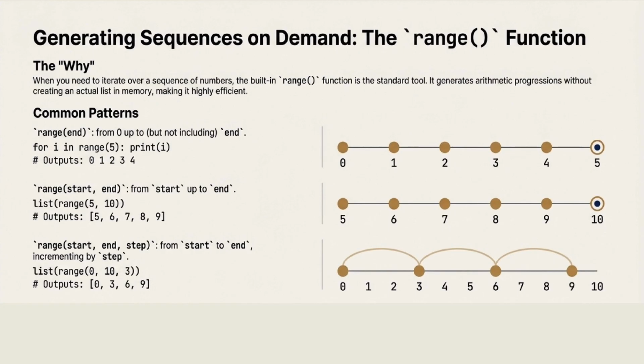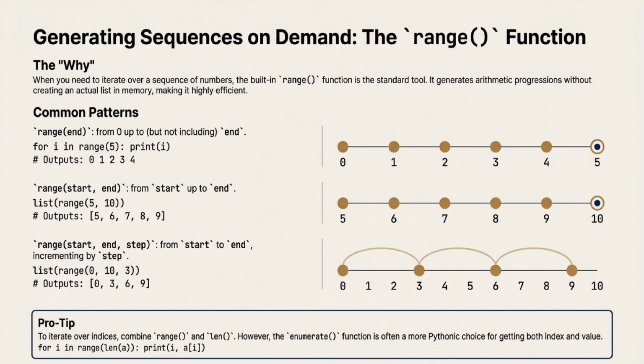Here, Python generates numbers starting from the start value, increasing by the given step size each time until it reaches the end value. For example, range(0, 10, 3) produces 0, 3, 6 and 9. The visual diagrams on the right side of the slide clearly show how Python moves from one value to the next based on the parameters provided.